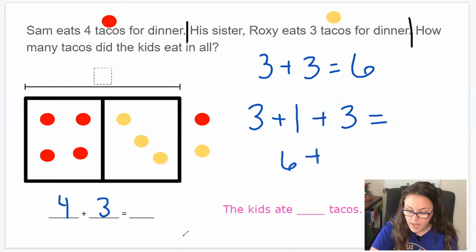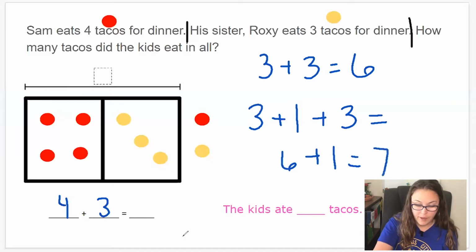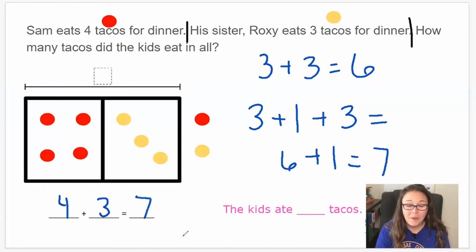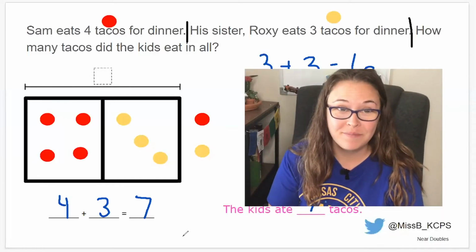And then I have to add 1 to it. And you know what 6 plus 1 is. 6 plus 1 is 7. So I also know that 4 plus 3 equals 7. So how many tacos did the kids eat? Well, the kids ate 7 tacos.